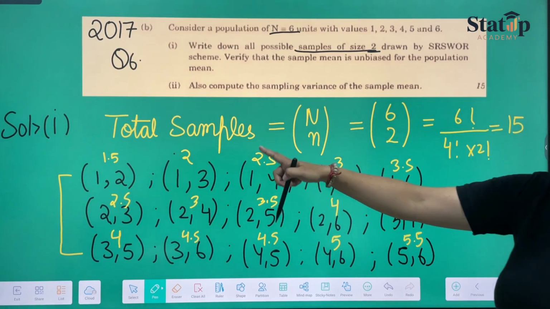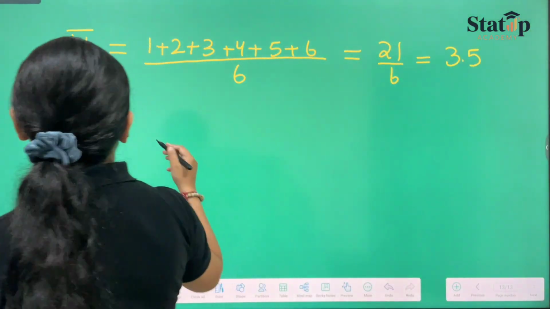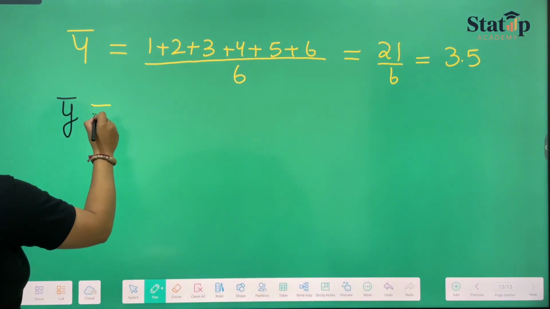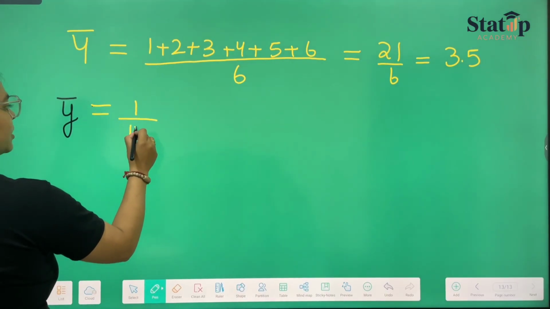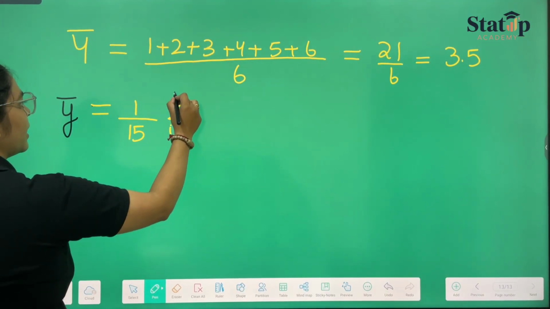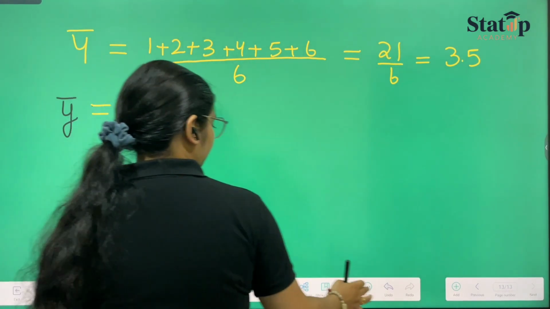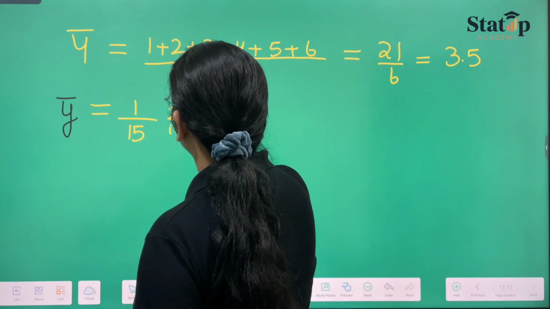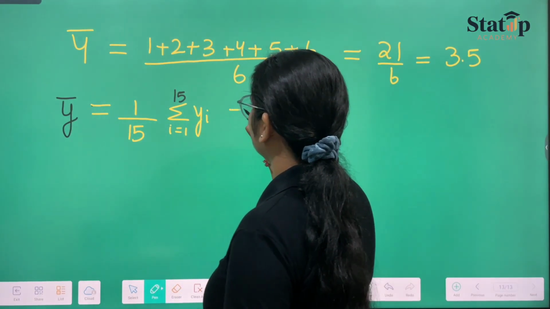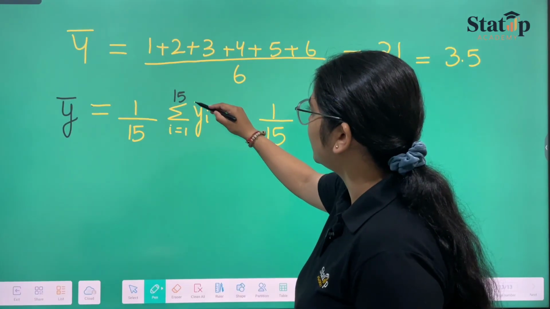When I add all these, what is our sample mean here? Because we have so many samples, the mean of the sample means is represented by 1 upon the number of samples, which is 15, times the summation of yi bars, i going from 1 to 15.